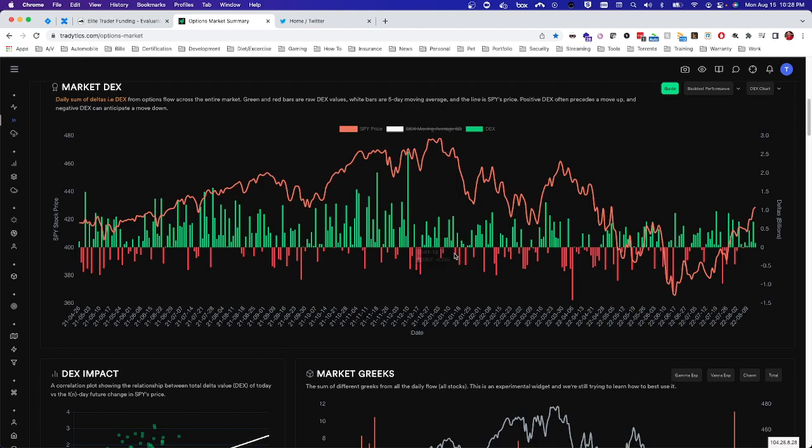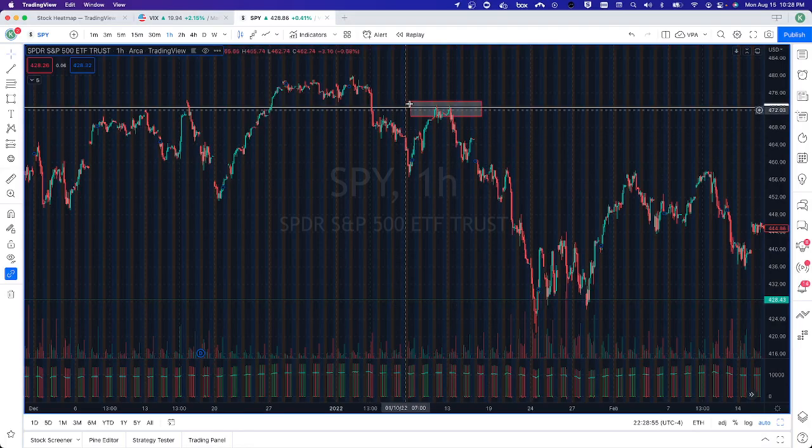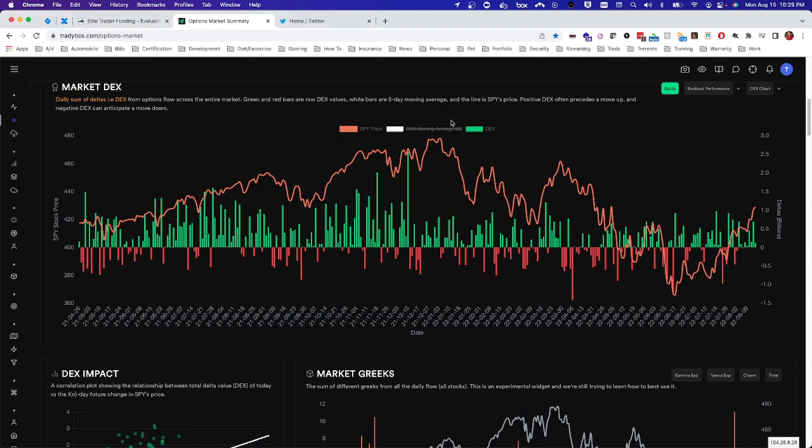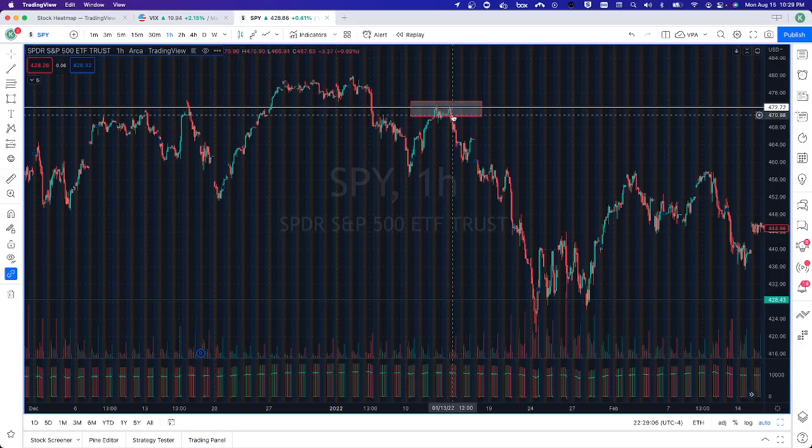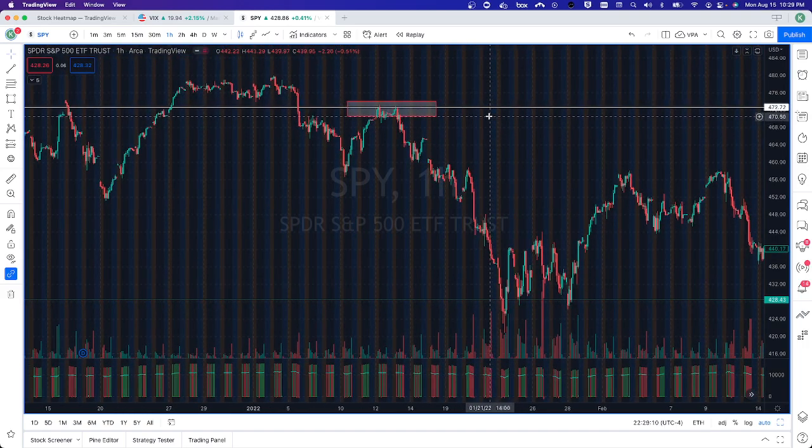On January 13th, we see price struggling, and we get a red delta exposure bar indicating that we failed to break over this. You can see here, this is January 13th, and we start dropping. So we check it for the day. January 13th was red, so we enter puts, whether at the end of day or the beginning of the next day. Either one is fine.